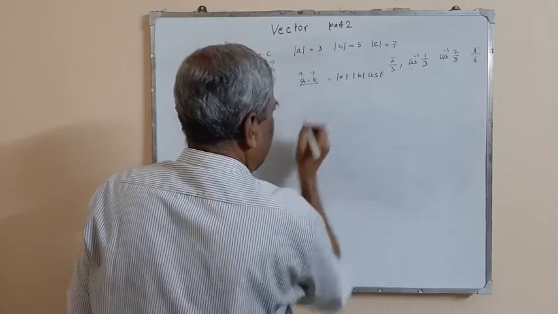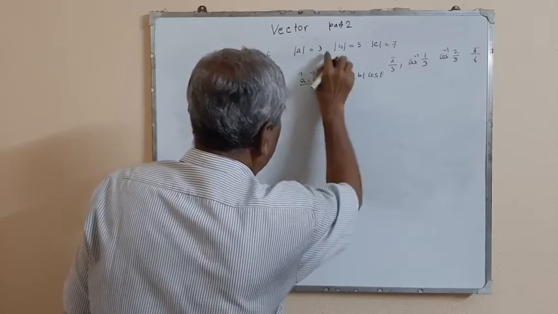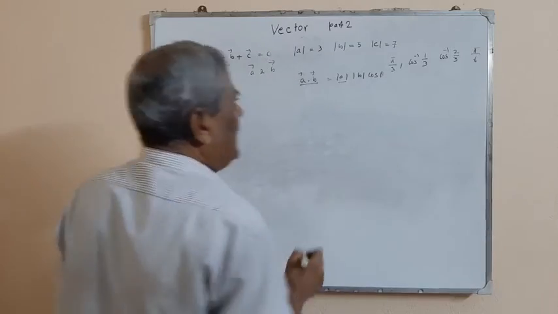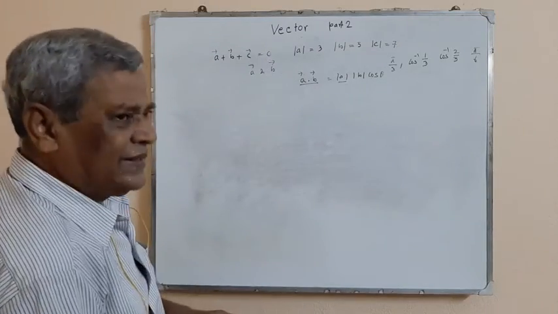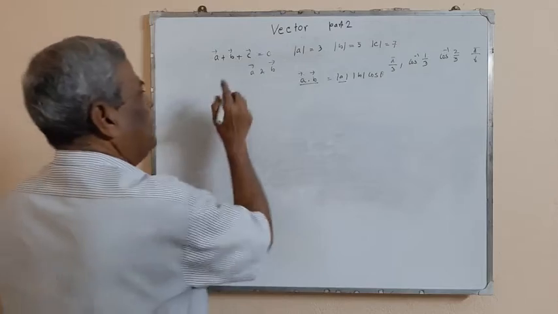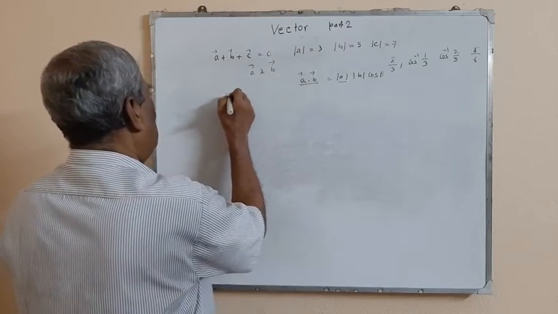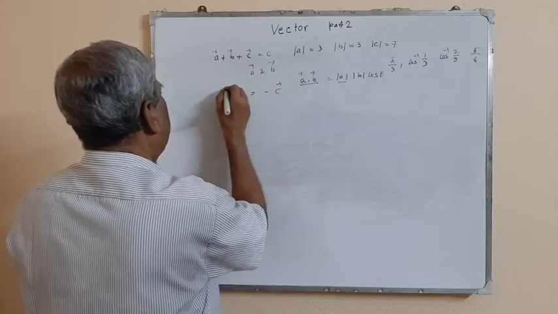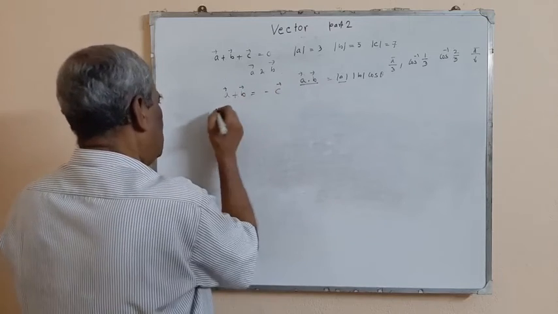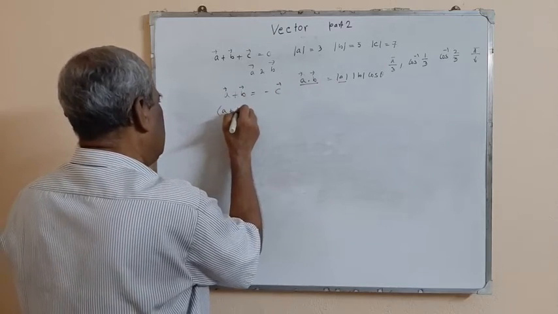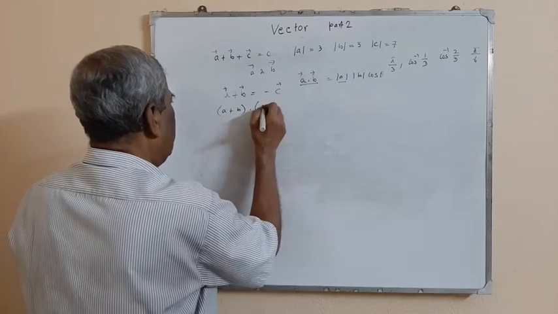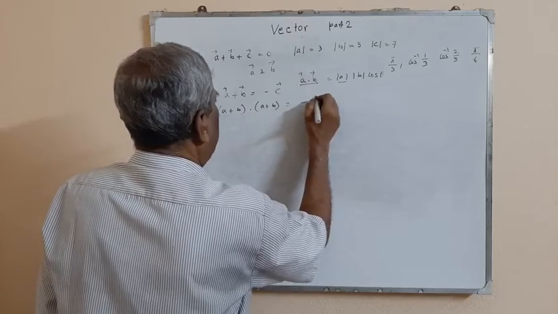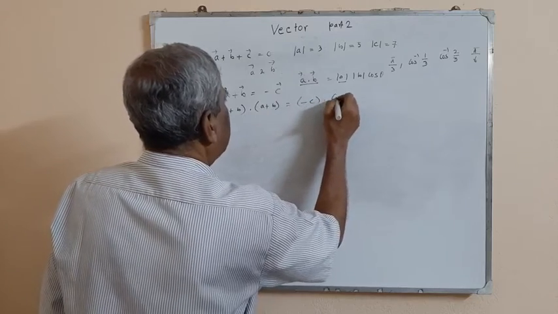Magnitude A and magnitude B are given, so from this relation we can find cos theta, that is theta. For that purpose, we have A plus B is equal to minus C. So A plus B dot A plus B is equal to minus C dot minus C.